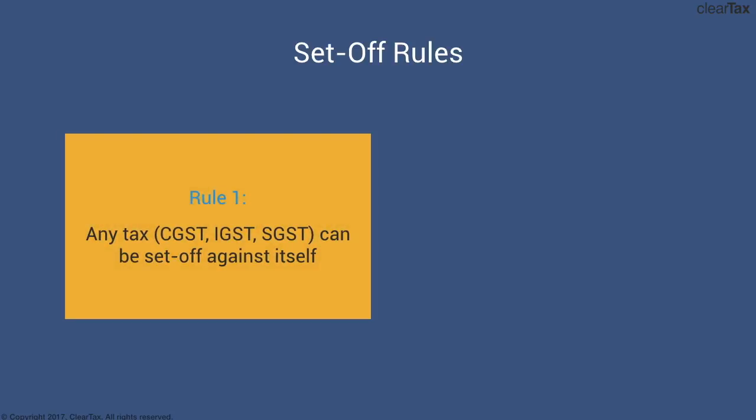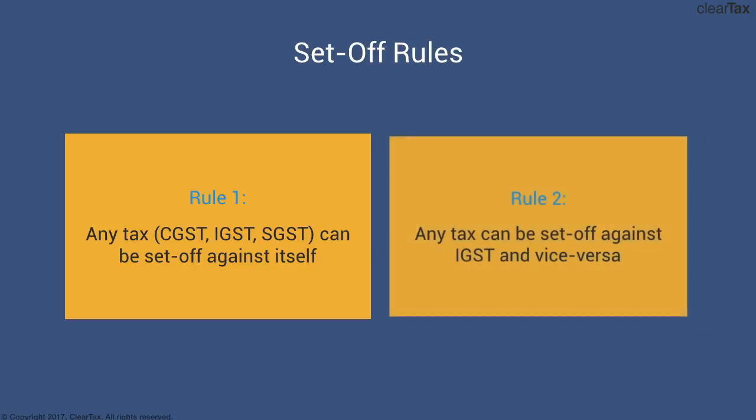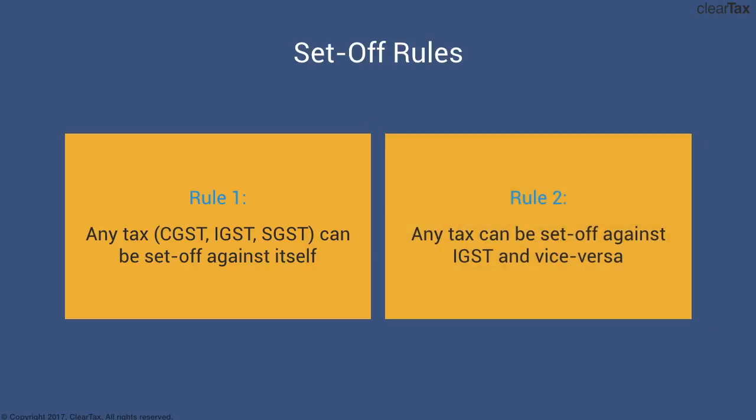Any tax, whether it's CGST, IGST or SGST, can be set off against itself. And Rule 2. Any tax can be set off against IGST and vice versa. That's why IGST is a jewel in your hand. So now you know how the set-off mechanism works. We've not yet taken into account the interstate and intrastate play, but that's a broad set of rules for you.